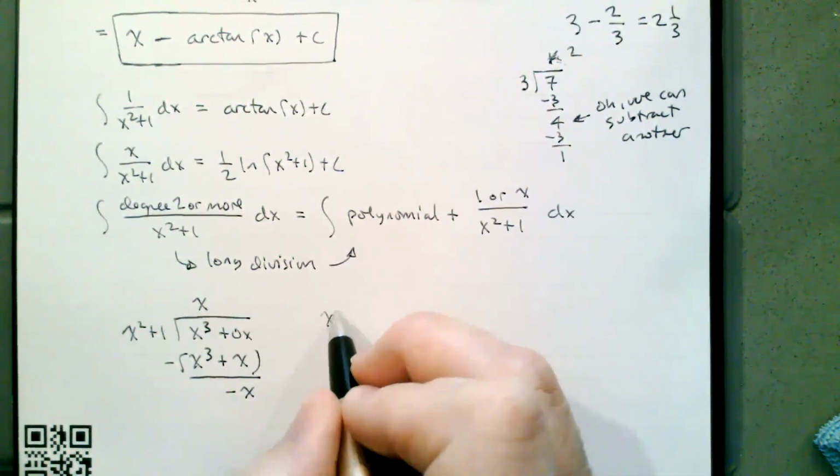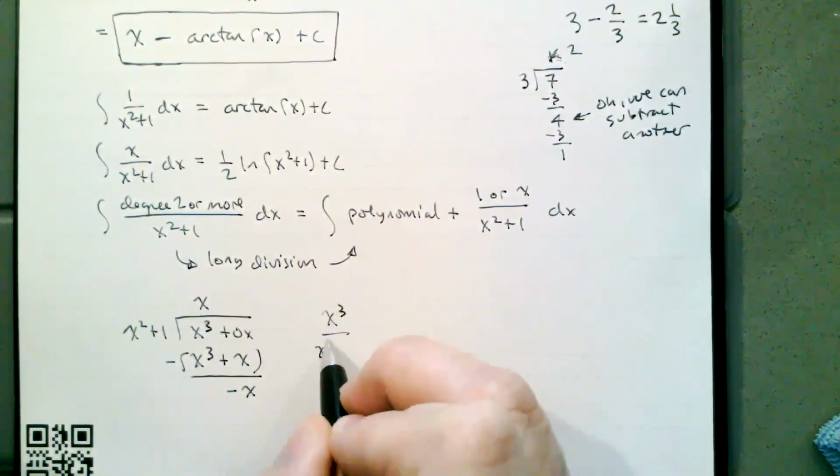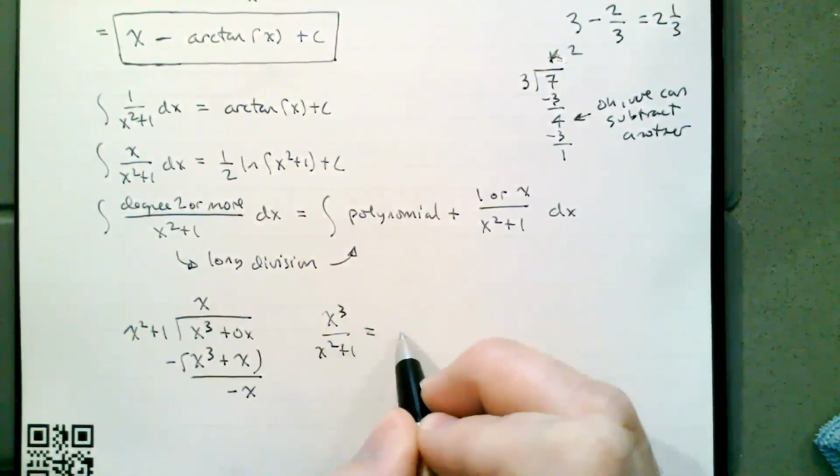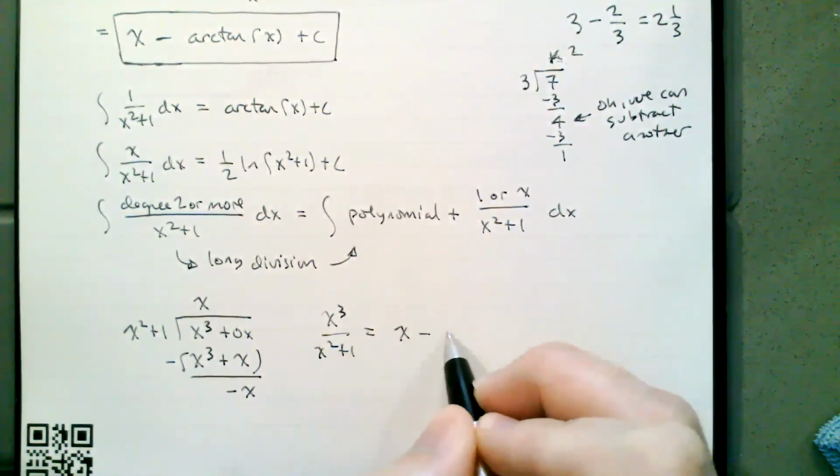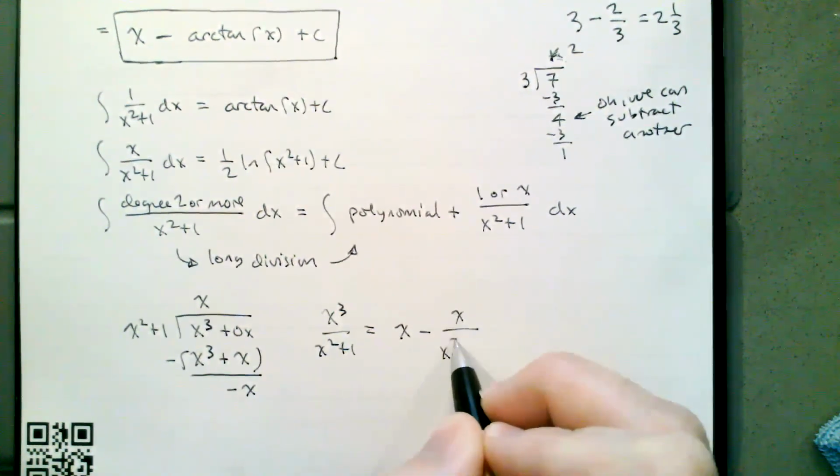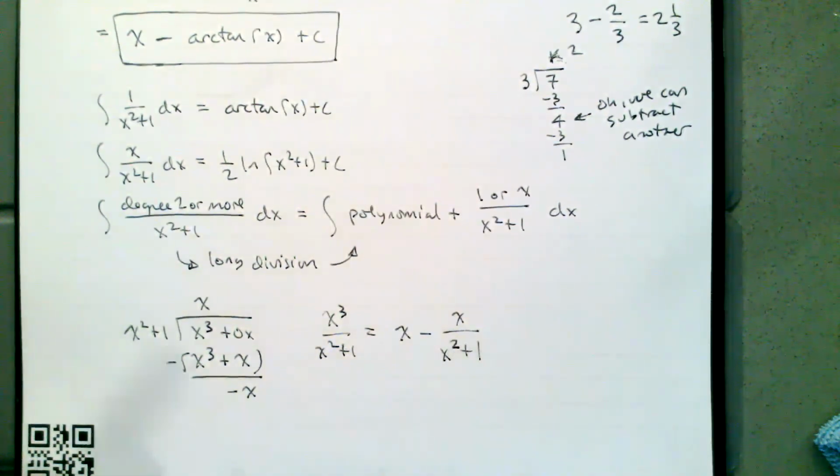So I can say x cubed over x squared plus 1 is x minus x over x squared plus 1. Same kind of thinking. How many times can I subtract x squared from x cubed? And that's x times, because x times x squared is x cubed. That makes them like terms, and we can subtract.